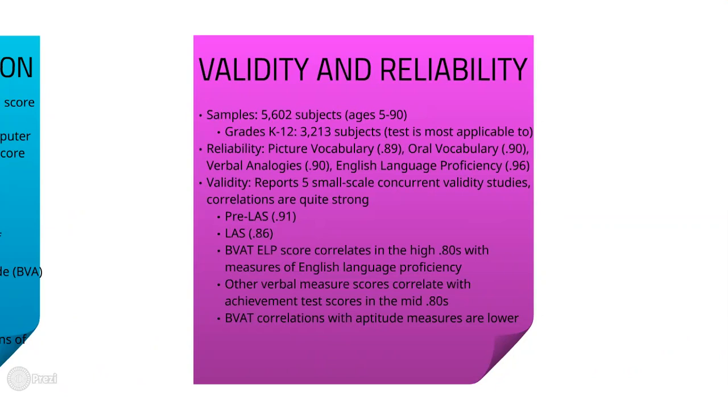The English language proficiency score correlates in the high 0.80s with measures of English language proficiency. Other verbal measure scores correlate with achievement test scores in the mid 0.80s. And the correlation with aptitude measures is lower. So the correlations support that the Bilingual Verbal Ability Tests have both educational relevance and validity.